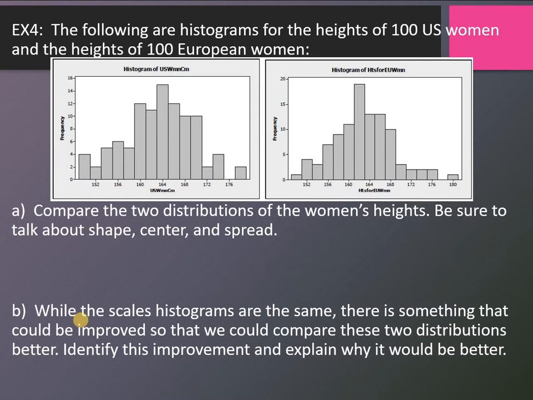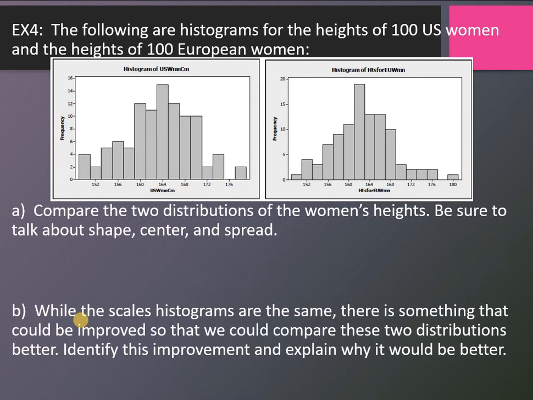Center. Where would you put the center for the US women? Pretty much 164. Where would you put the center for the European women? 162? Maybe 163? So I would say they're both roughly centered, close to 164 centimeters, 163 centimeters.